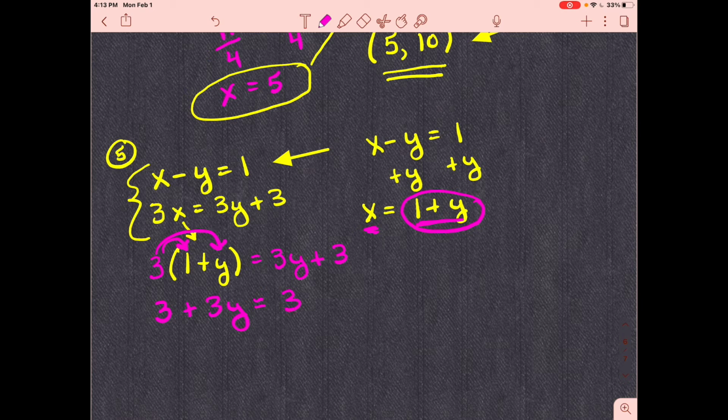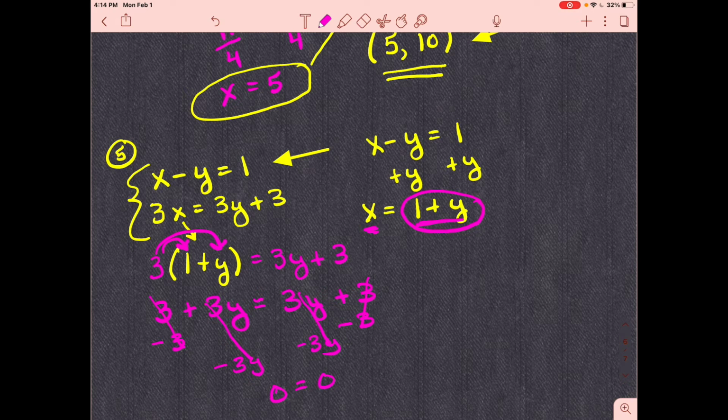Oh wow, look at this. I have the same thing on both sides of my equation, okay? If I continue trying to solve this, those just cancel, and I end up with 0 equals 0.